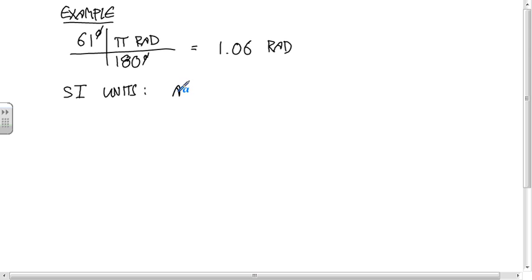SI units for angular position are radians. And radians are a funny kind of unit. You can think of them as being there, but really you can also think of it as just a pure number.